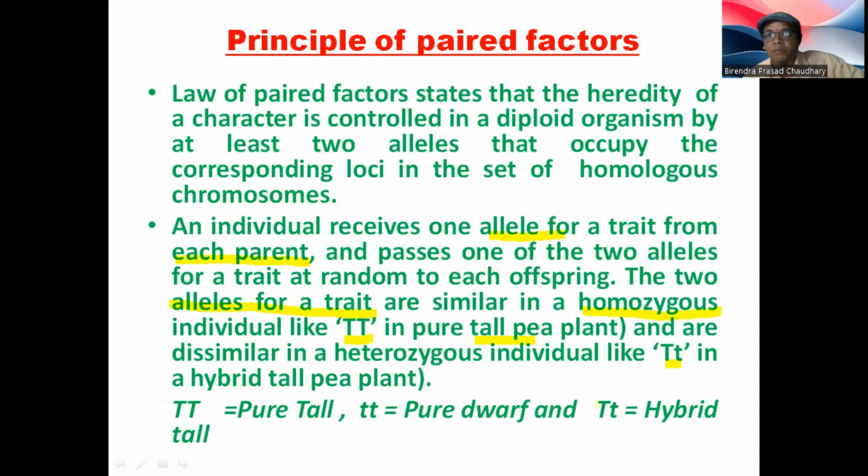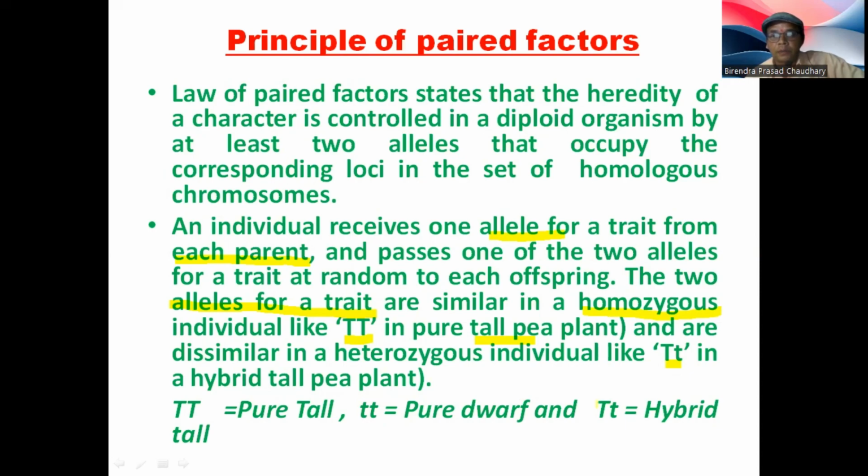If the organism has similar factors, similar alleles, it is considered homozygous. If the organism has dissimilar genes, or a set of dissimilar alleles, then it is considered heterozygous.